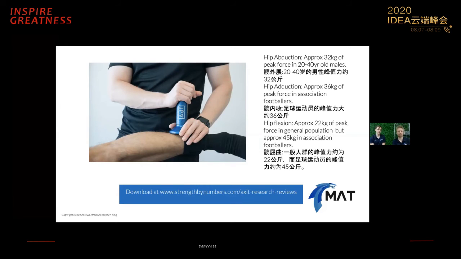这也就是为什么我们在做力量测试的时候不能只关注患侧。Because often a weakness elsewhere might be part of the problem. Could you just repeat? Often a weakness elsewhere might be part of the problem, or the stronger side might be the side that they use more.